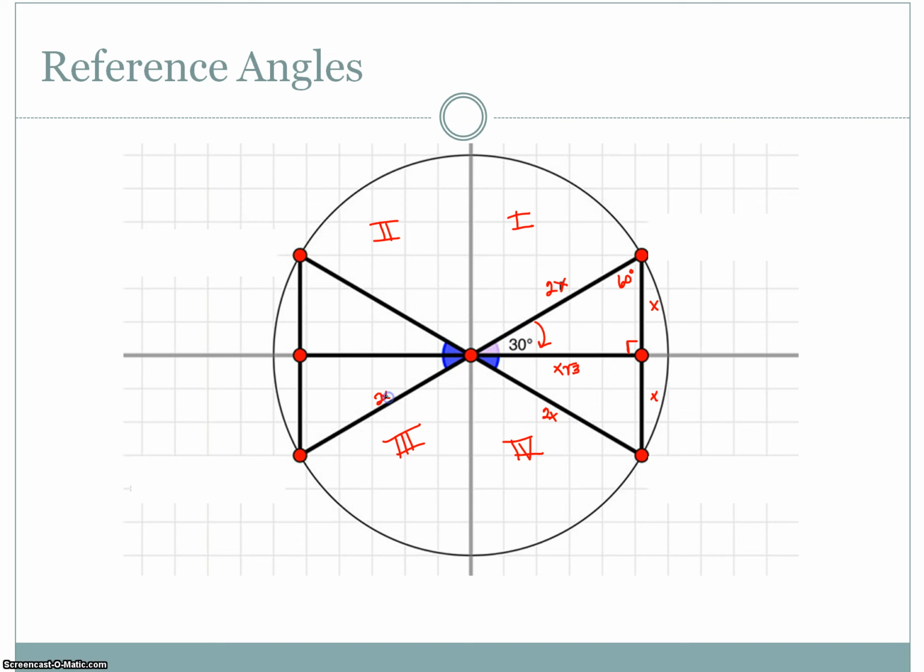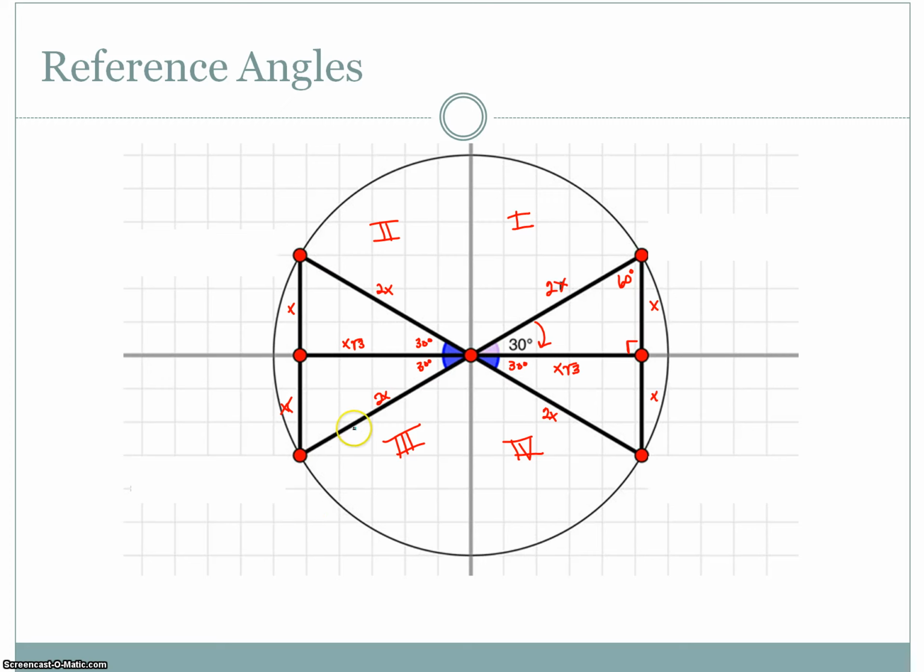This side's x root 3, x, and 2x. So that makes this a 30-degree angle, and that makes this a 30-degree angle, and that makes this a 30-degree angle.